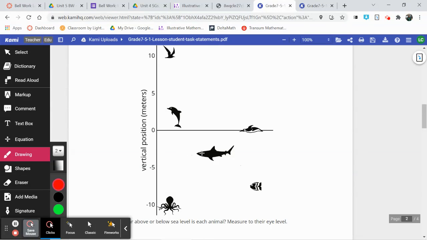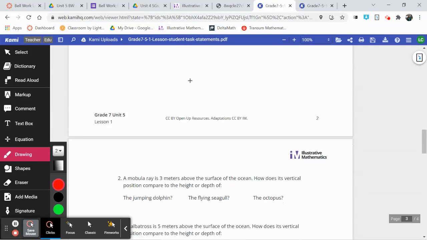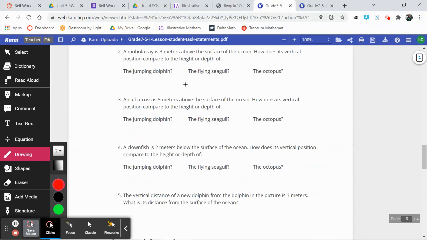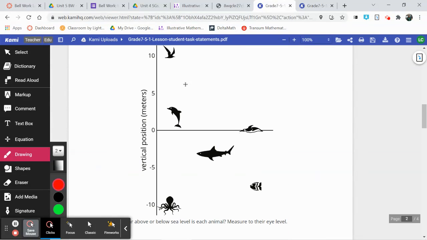We've got a shark. We've got a penguin. We've got a dolphin. And we've got a seagull. So we are going to answer the questions that they've given us with this picture. Now I'm looking at the questions over on the side. So, I will help answer these and scroll back and forth, but I don't want to scroll too much.